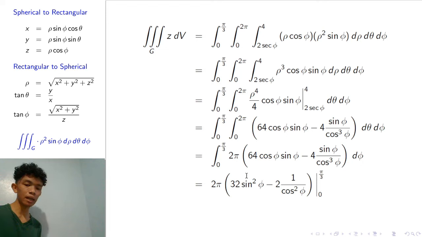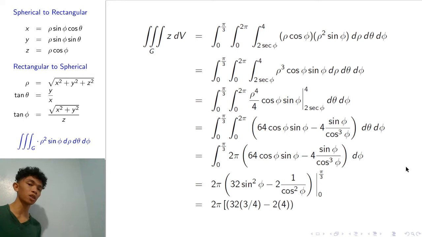If you evaluate 32 sine squared phi at pi over 3, you actually get 3/4. Sine of pi over 3 is just square root of 3 over 2. Next, you evaluate cosine of phi at pi over 3, you get 1/2. You square that, you get 1/4. You take the reciprocal, you get 4. So you get minus 2 times 4. And then finally, for the evaluations at 0, this is of course 0 at 0.